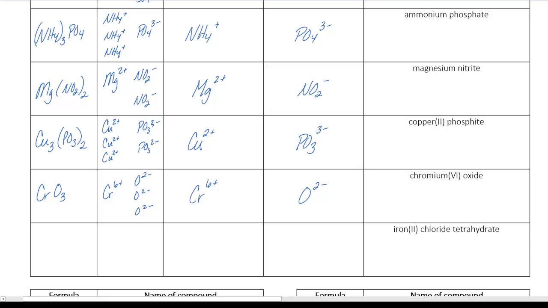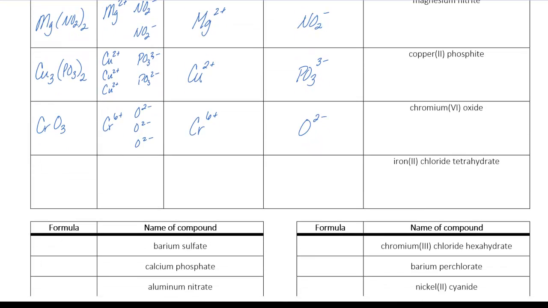And in the final example, we're working with iron(II) chloride, with a -1 charge on chloride based on the periodic table. Fairly straightforward ratio here. So 1 iron(II) ion to 2 chloride ions. And now for the formula.